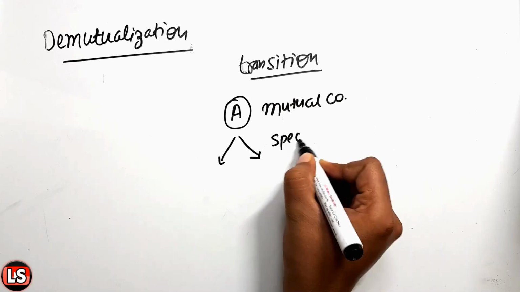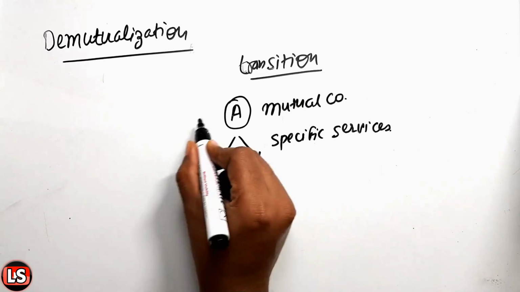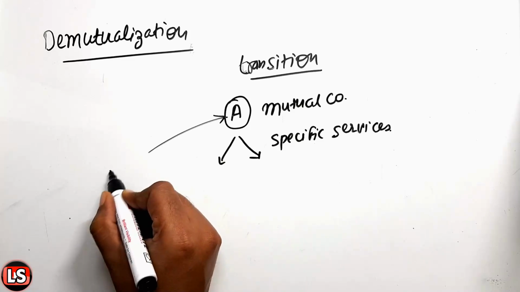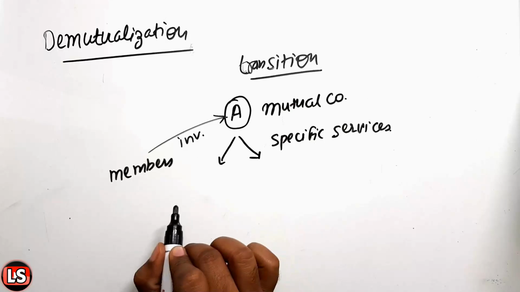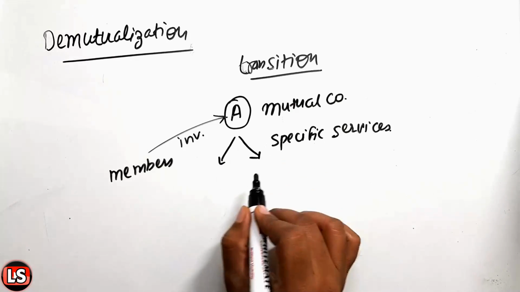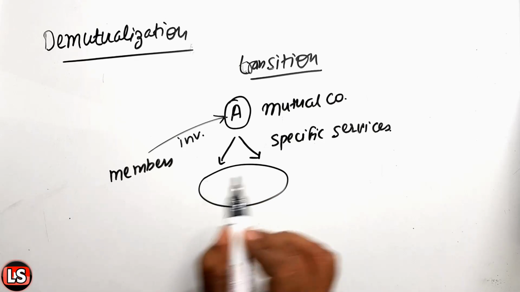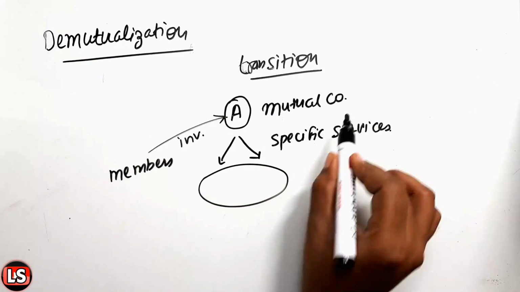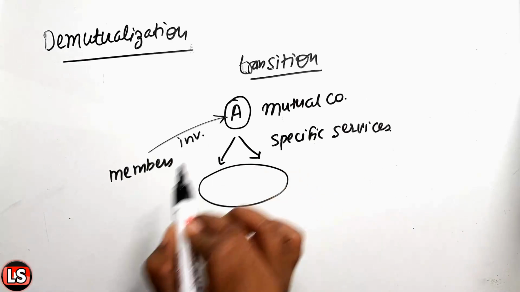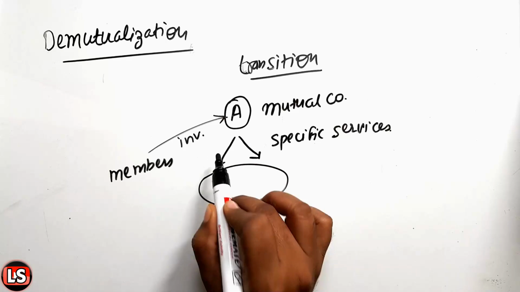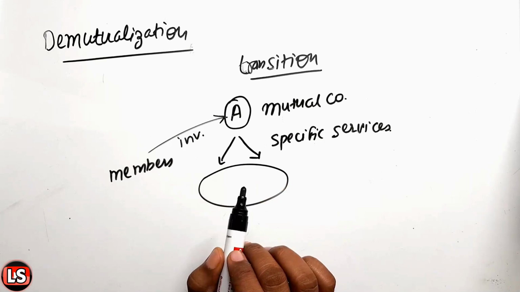Investment in this company is made by the members, and specific services are provided to the customers, and the members are also its customers. So investment in this company is done by the members, and the members themselves are also the customers of the company.